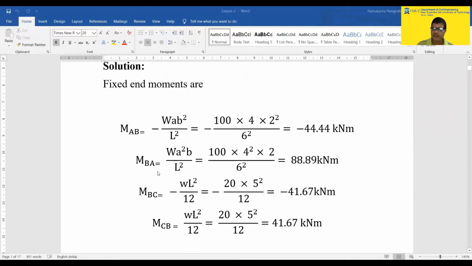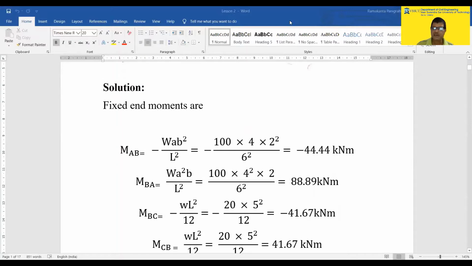Now, what is the value for MBA? That will be W a square b by L square. Why is it positive? Let me show how the moments will act. Of course, this is the span. Now, how will the load act? The load will act here like this. The moment will be like this here, and the moment here will be like this.